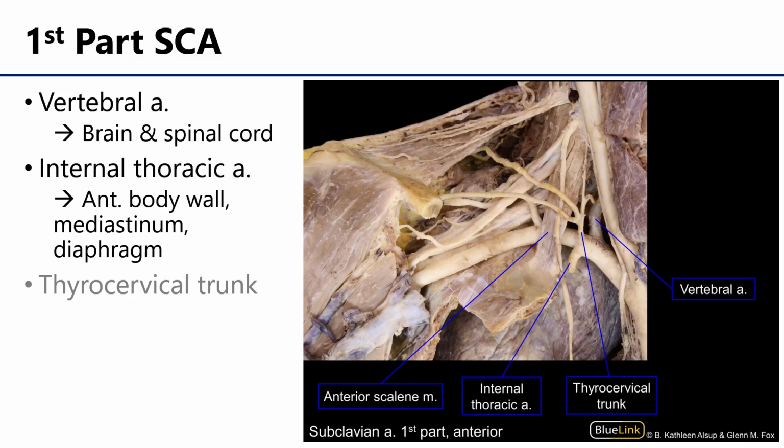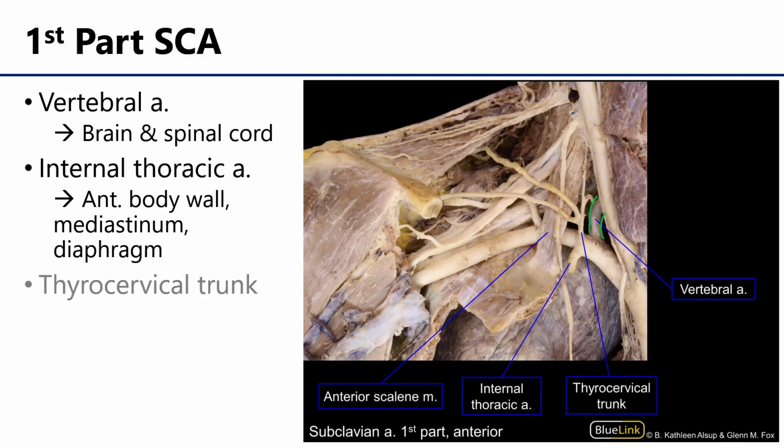Now, each part of the subclavian artery has its different branches, but I want us to especially focus on the branches of the first part of the subclavian artery, because these are some very significant branches in the context of anatomy of the head and neck. So this first branch here is the vertebral artery.